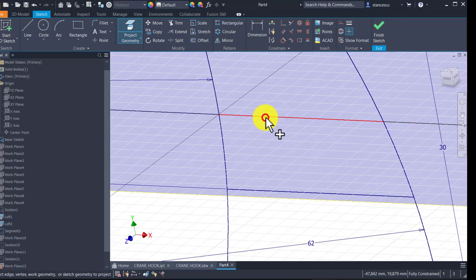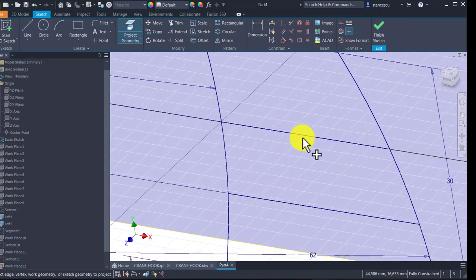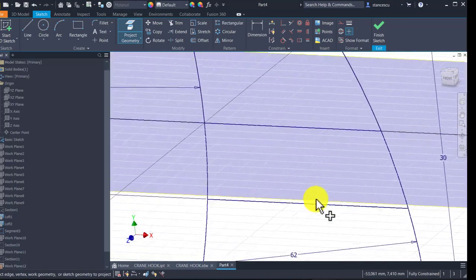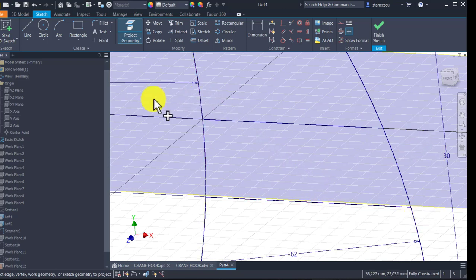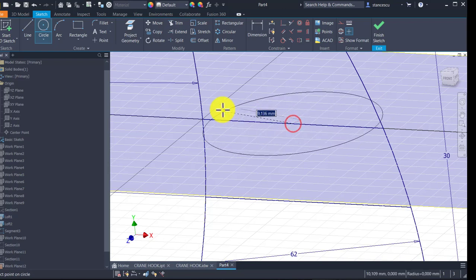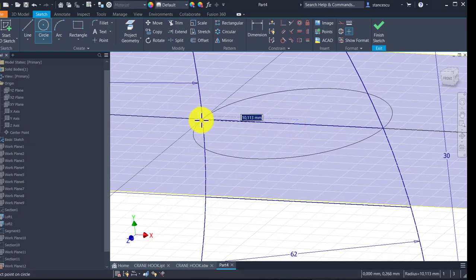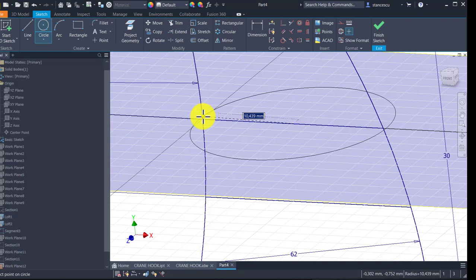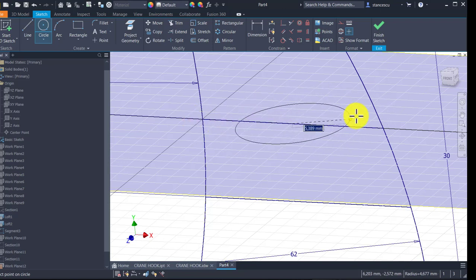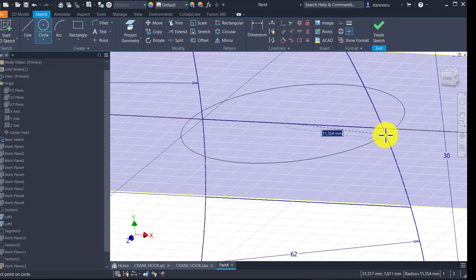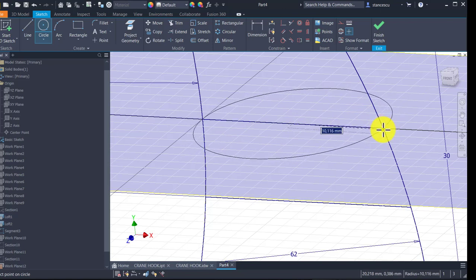If I project this, it is in the plane, somewhere else with ends. Okay, circle midpoint, end point, the other end point. I cannot catch the point. Now I can.